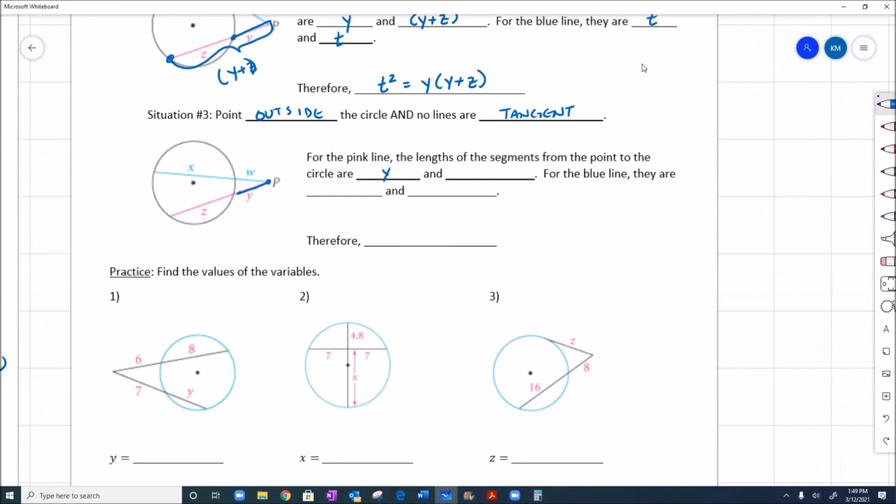From the point to the circle, is y plus z. Okay, as we look at the other one, we have w and all the way over here, w plus x. And so we can say y times y plus z equals w times w plus x.